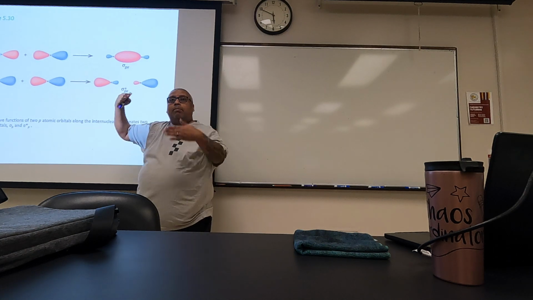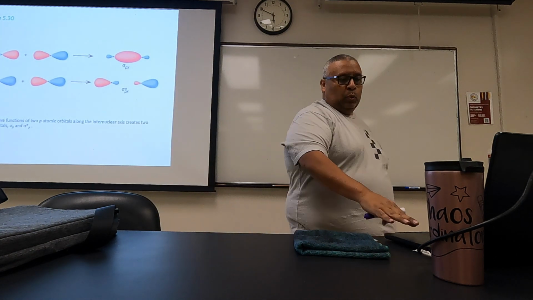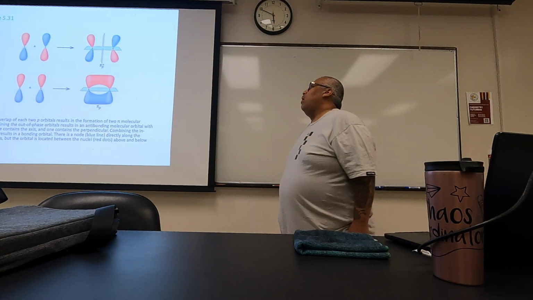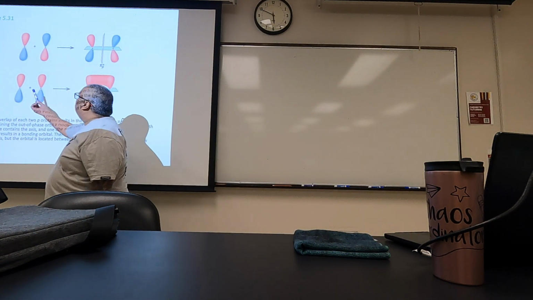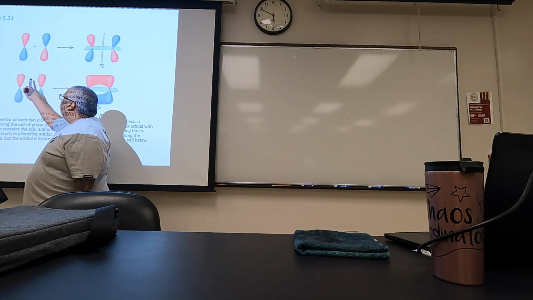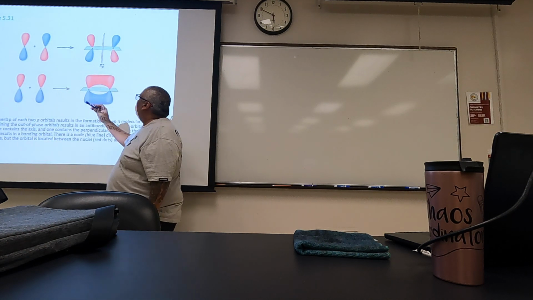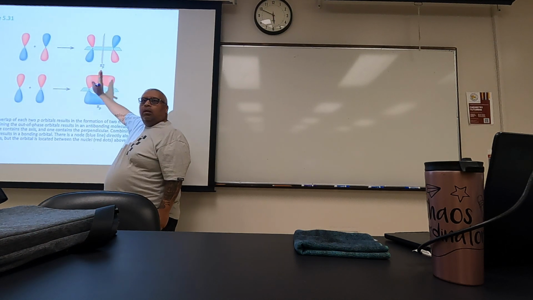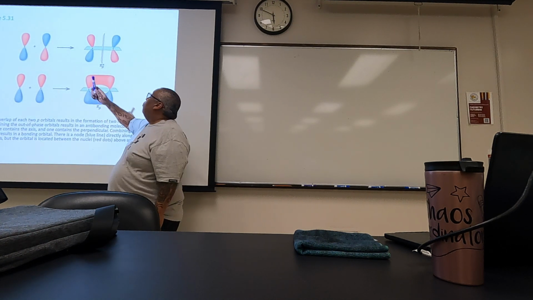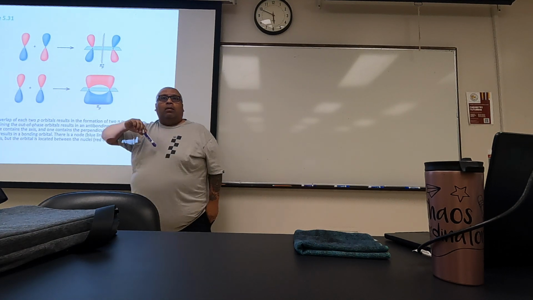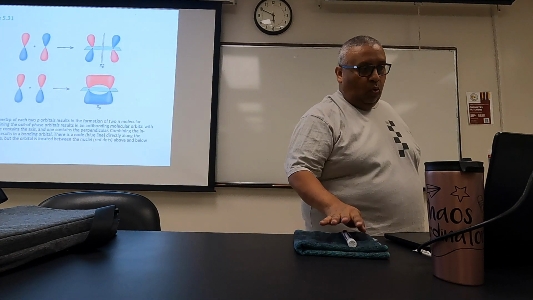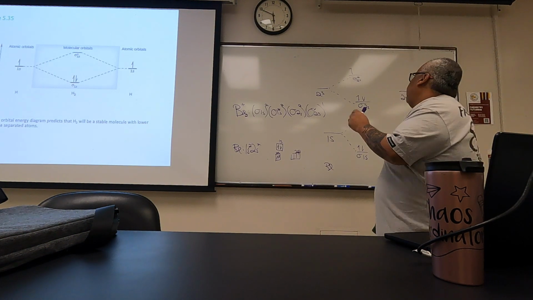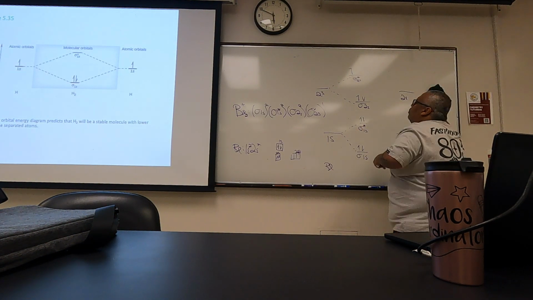But again, it's still sigma because they're head-on. Then we get our pi orbitals, right? These are in sync here, the way that they're oriented. It's going to be constructive, and we get our bonding pi p orbital. And then we also get an anti-bonding pi p orbital. So when we're looking, all right, so let's take a look at helium now. No, hydrogen.